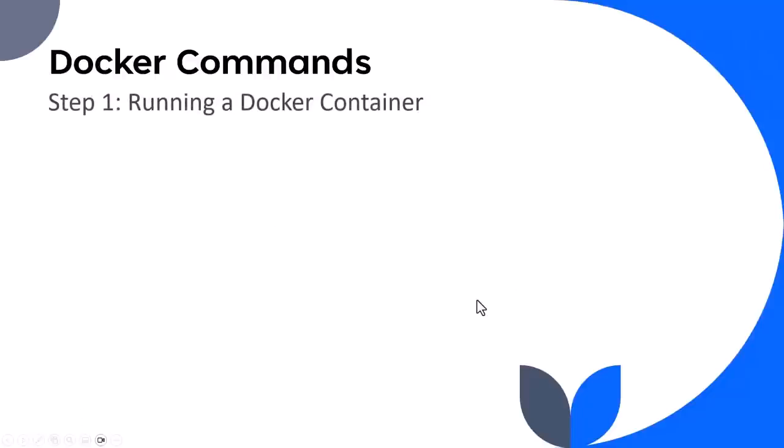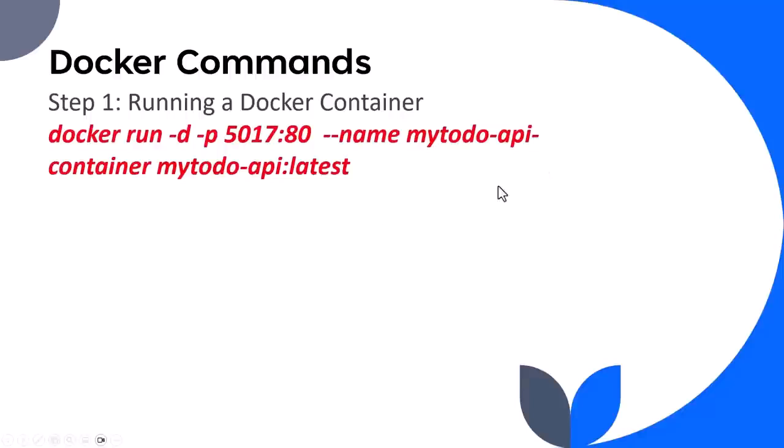Next is running a Docker container. What is the command? Docker run -d, that is in detached mode, running in the background. And the -p flag is for port: 5017 is the port on the host computer, on my computer here, and this is the port on the container.